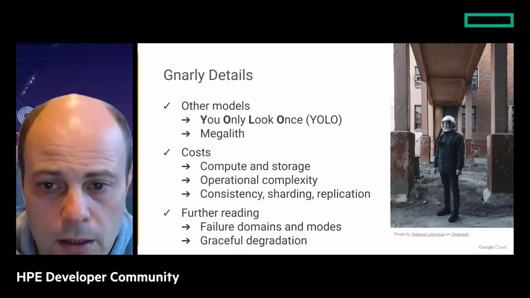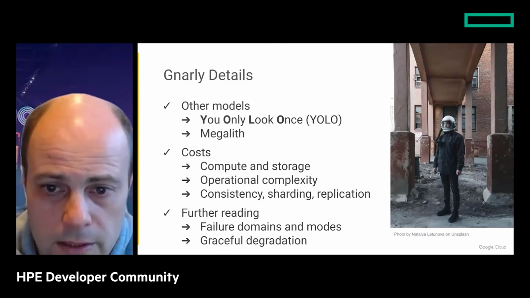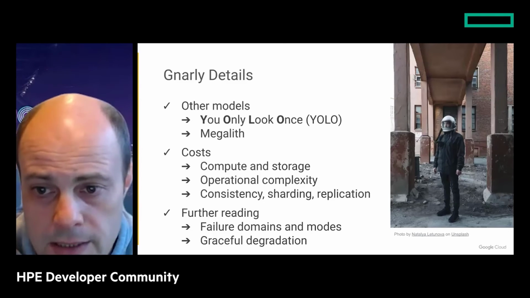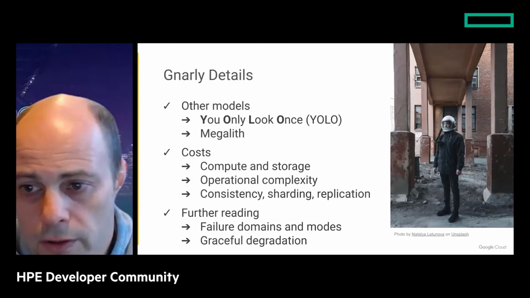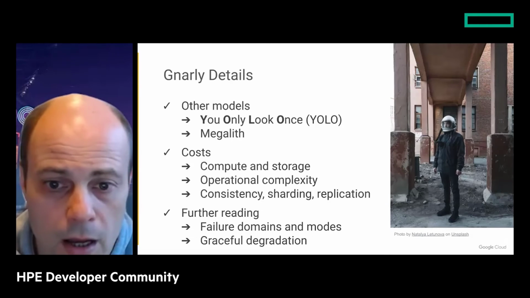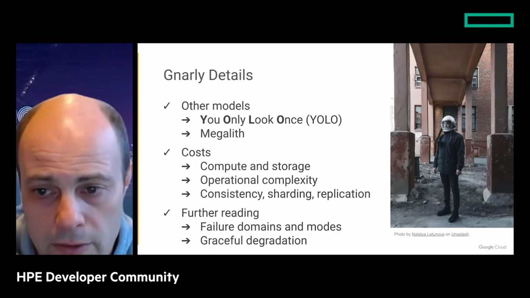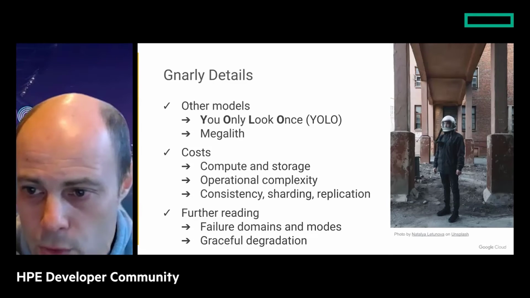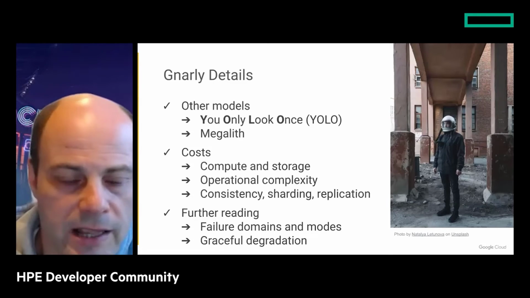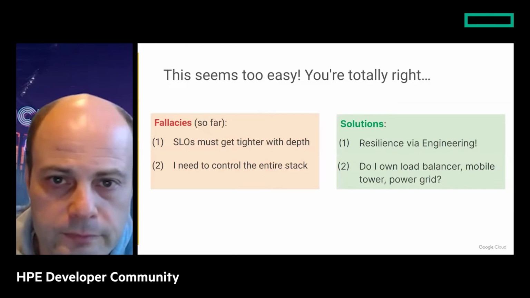You are welcome to do additional reading to help mitigate some of the problems here. Things such as failure domains, graceful degradation, regional versus zonal replication can help you in your path. We don't have capacity to cover all these topics in this talk, of course, but you can investigate them further.